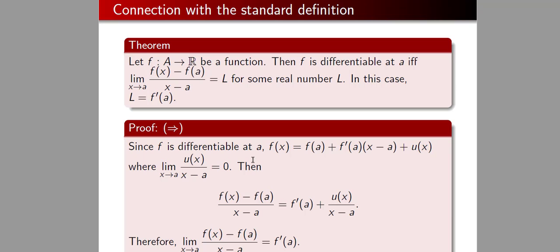So what we can do now is subtract f of a from both sides of this equation and then divide both sides by x minus a, so as to get f of x minus f of a over x minus a is equal to f prime of a plus u of x over x minus a. Therefore, the limit of our difference quotient, as you called it in Calc 1, is equal to f prime of a. So there you go.